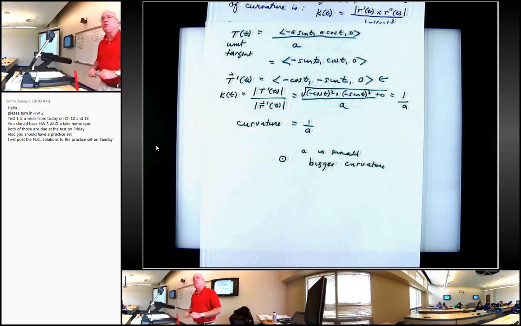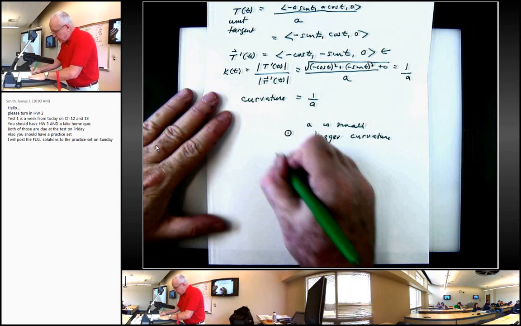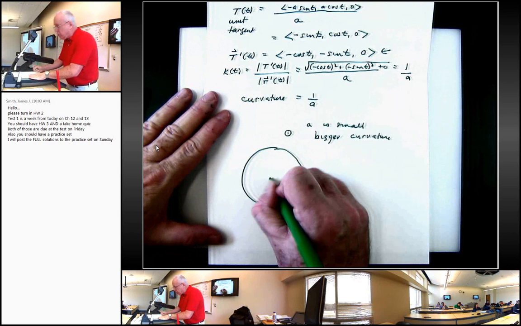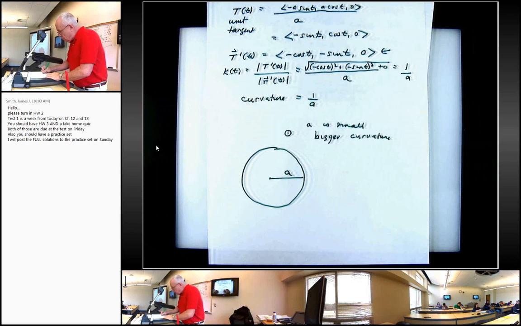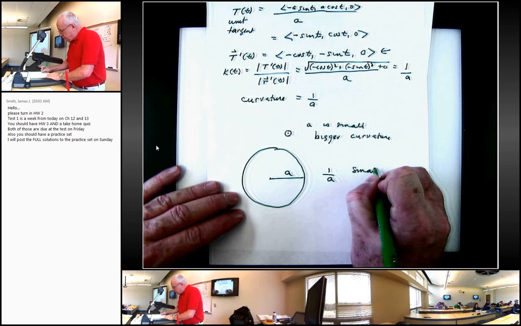If I have a circle that goes for a whole mile around, with a huge radius compared to a little tiny circle like this, we're going to have a very small curvature. So we have a bigger circle with a bigger A, a bigger radius. One over the bigger number is going to give us a smaller curvature.